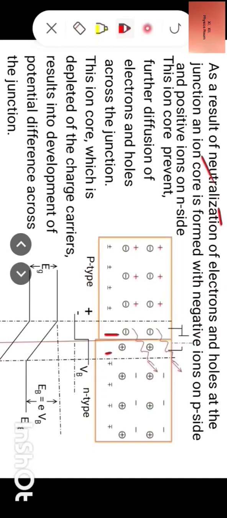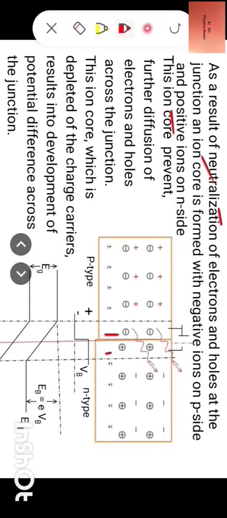This ion core prevents further diffusion of electrons and holes across the junction. Now how does it prevent?